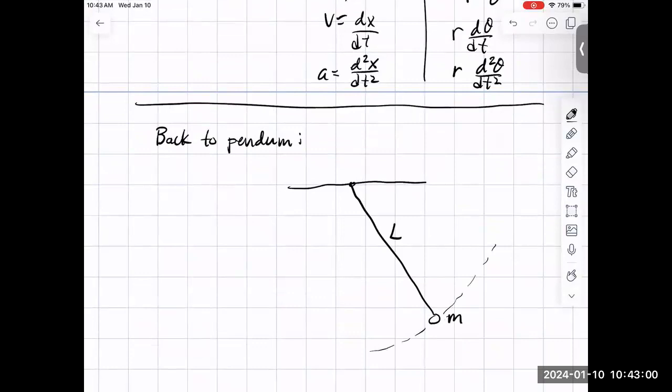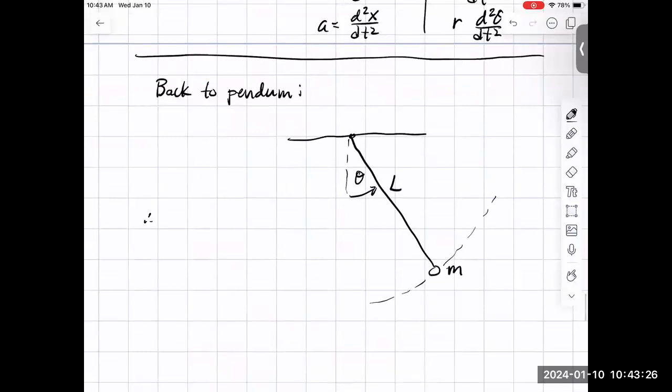So, knowing what we know now, we can relate the acceleration along the x direction to our angular variable theta and the radius of the circular motion. In this case, it's the length of our string L. And we can say, therefore, the acceleration in the x direction is L d2 theta dt2.